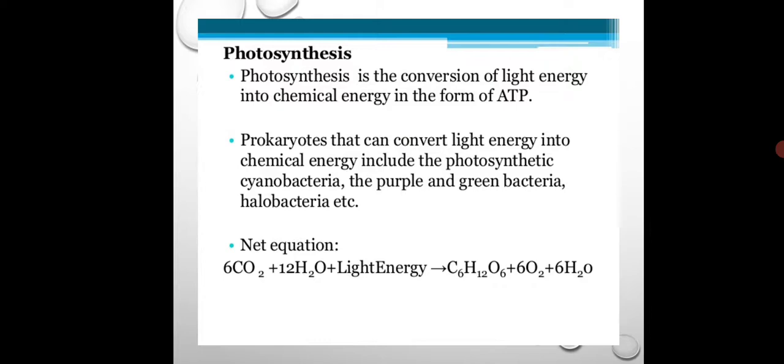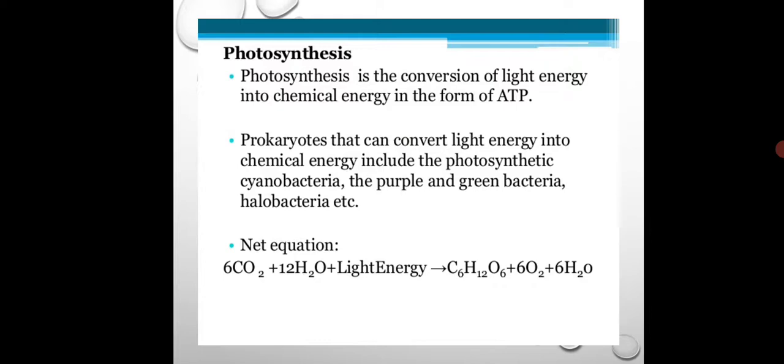So what are those bacteria? What are the examples of photosynthetic bacteria? The bacteria which perform photosynthesis are known as photosynthetic bacteria.